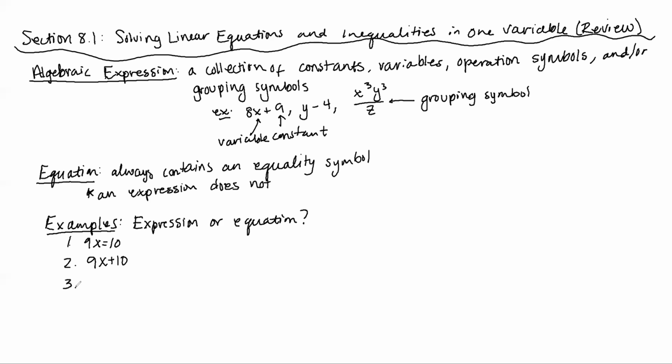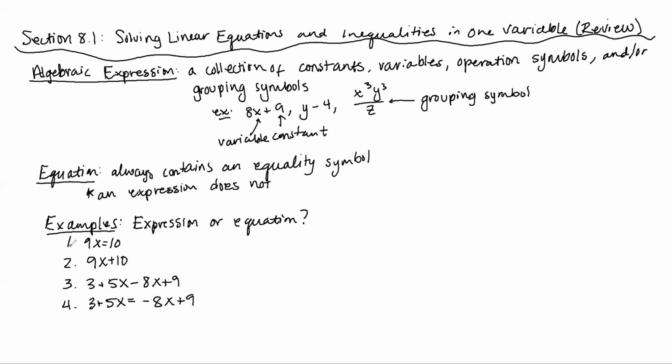Number 3 is 3 plus 5x minus 8x plus 9. And number 4 is 3 plus 5x equals negative 8x plus 9. So go ahead and state whether those are an expression or an equation. You can pause it if you need to. But let's go ahead and go through these together.